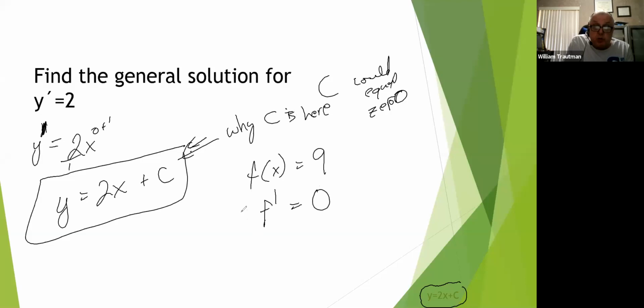Now, if I integrate 0, it's just 0, by the way. I need to get back to 9, but I don't know how to get back to 9, because if you integrate it, there's nothing there. So it's going to be just a constant.